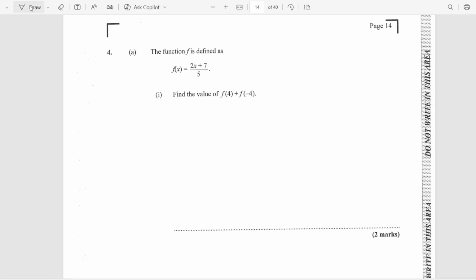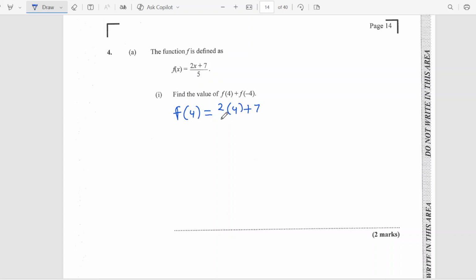What we need to do here is find f of 4 first. That means we're plugging in 4 where x is. So that is 2 by 4 plus 7 over 5. 4 2s are 8, 8 plus 7 is 15, over 5 is 3.